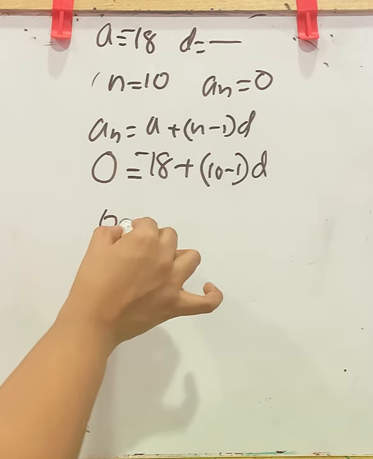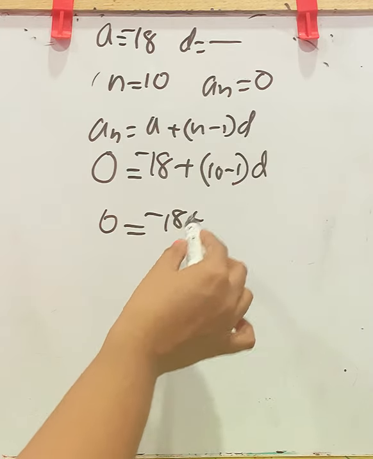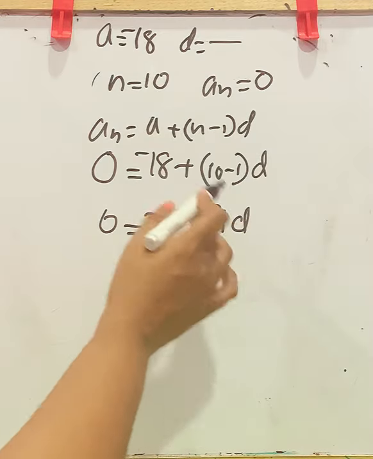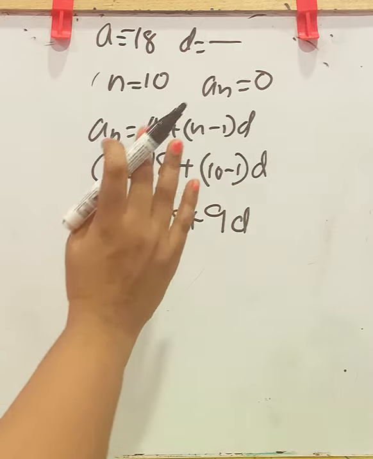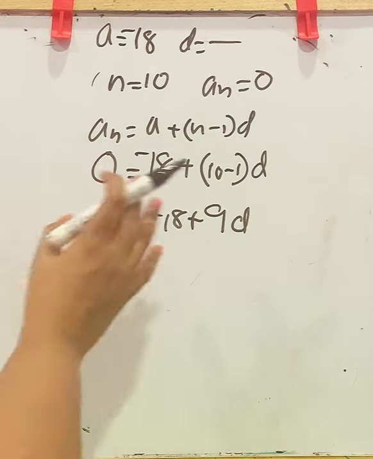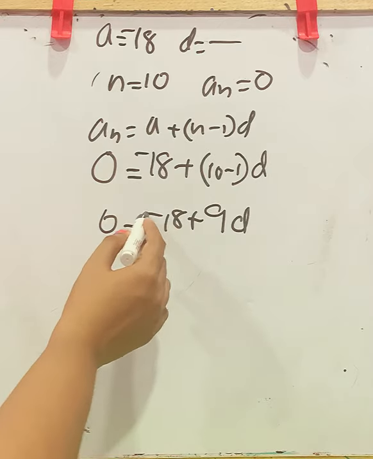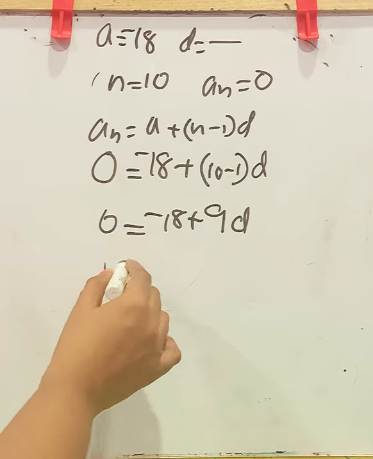That is 0 equal to minus 18 plus, inside the bracket it becomes 10 minus 1, that is 9d. Now we need the value of d. For that we will keep the d on one side of the equal sign, and take all the numerical parts to the other side. So first we will take minus 18 to the other side. It becomes plus 18.